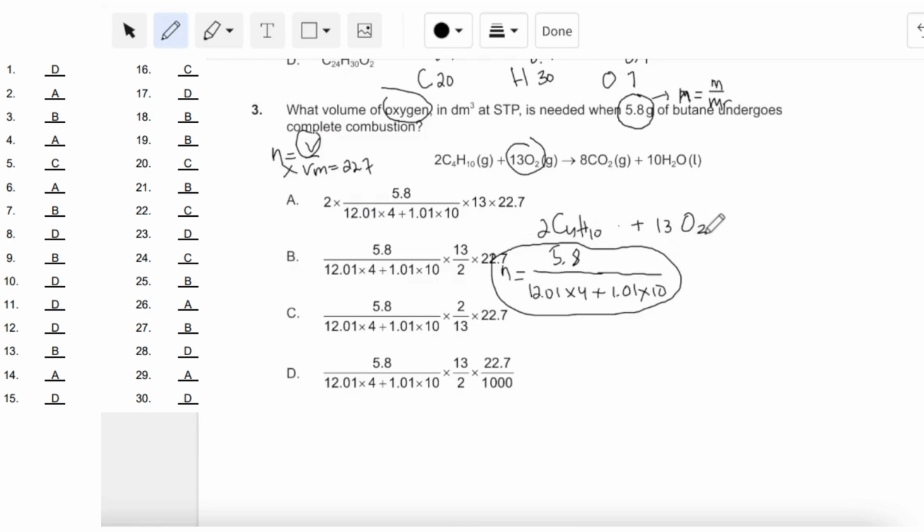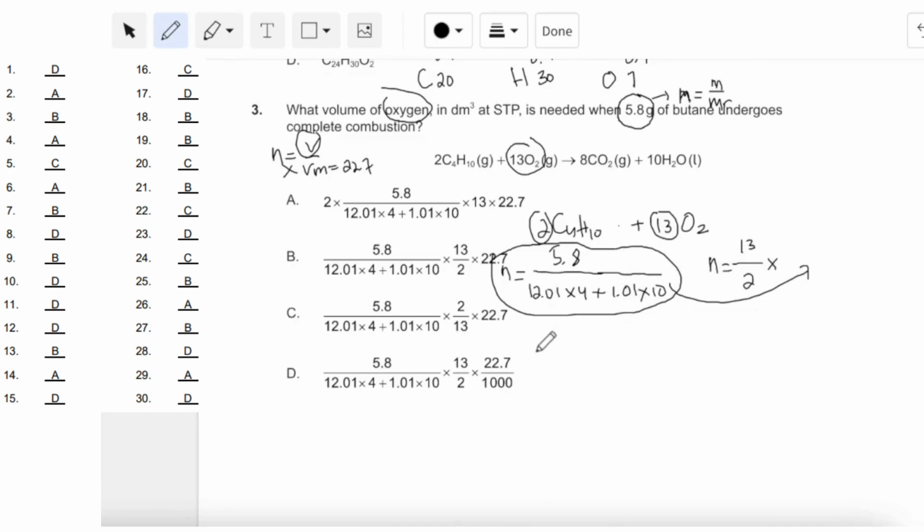What about N of O2? For the mole ratio, the one we're looking for will be right here, and then the one that is known, so coefficient unknown divided by coefficient known, times moles known, which is 5.8 divided by the molar mass of C4H10.